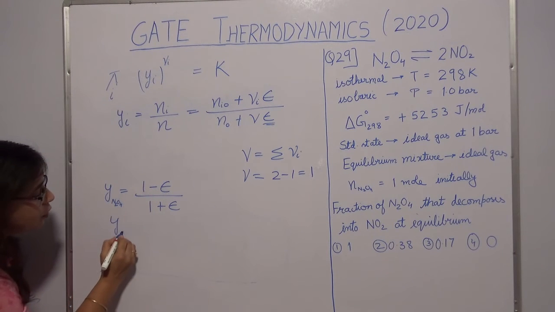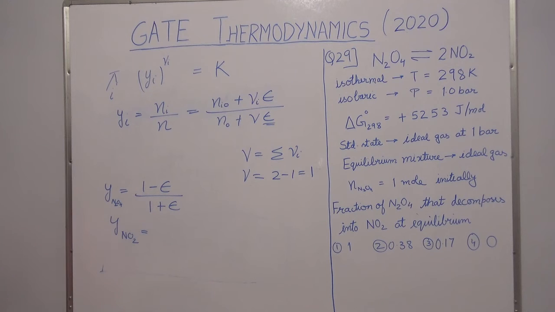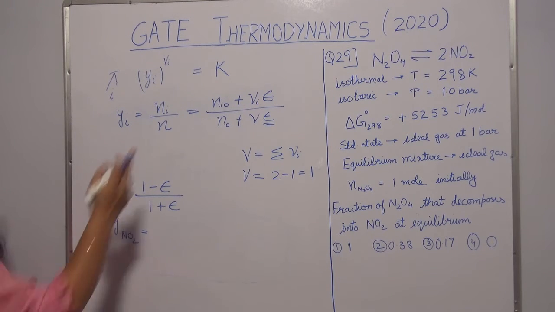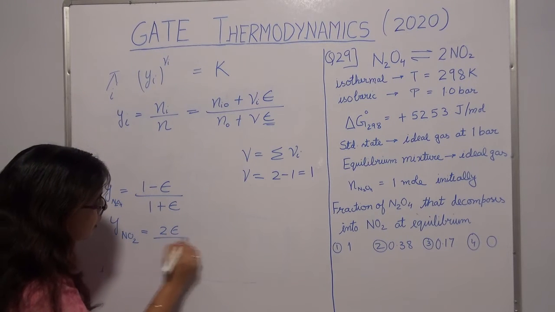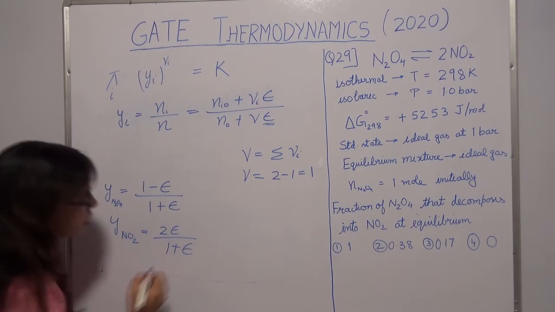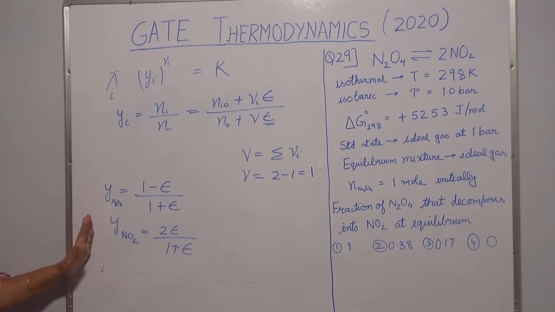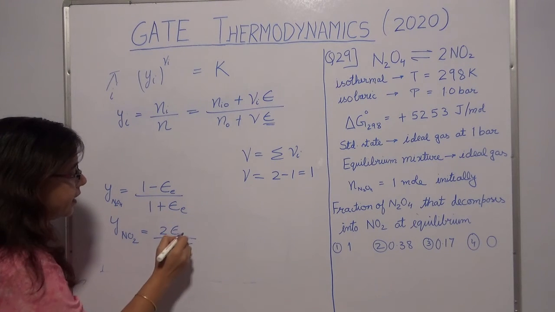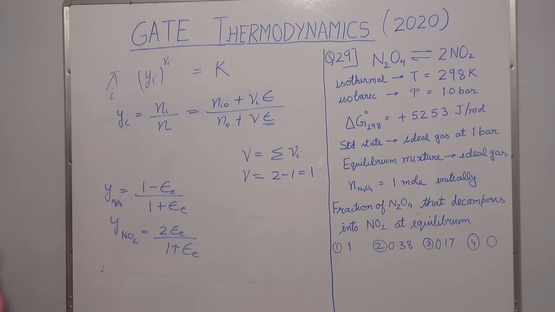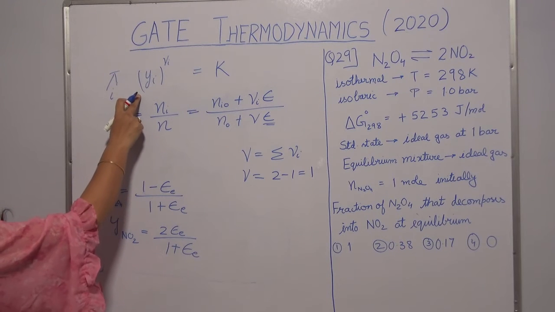Similarly, I can write down my mole fraction of NO2. That will be equal to initial number of moles 0, and for that nu I is equal to 2. So 2 into epsilon divided by the total number of moles. So these are my mole fractions which are given. Now if I am saying that these are my mole fractions at equilibrium, then I can equally write it like this. This is the extent of reaction at the equilibrium. So now I am going to put these values in this equation.